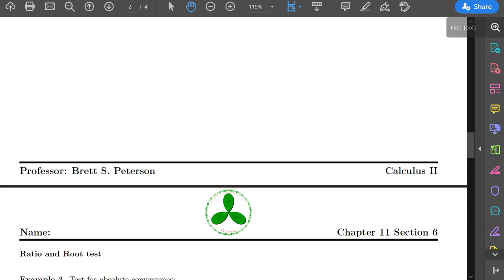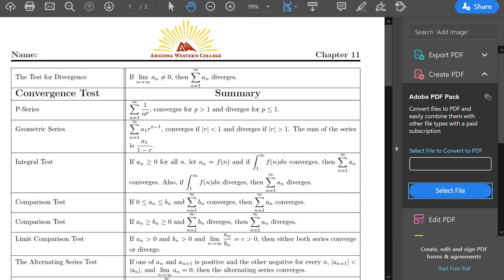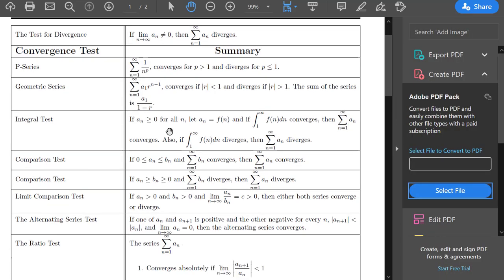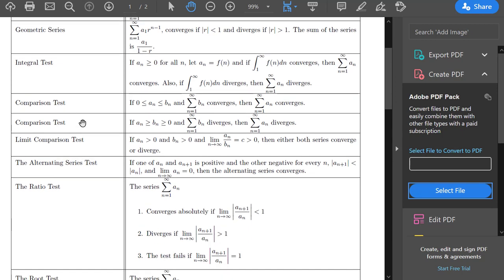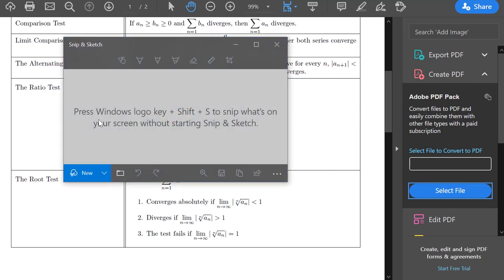All right, so then the next thing we need to look at is two of our tests, and those are the ratio test and the root test. And these are right here on our sheet.